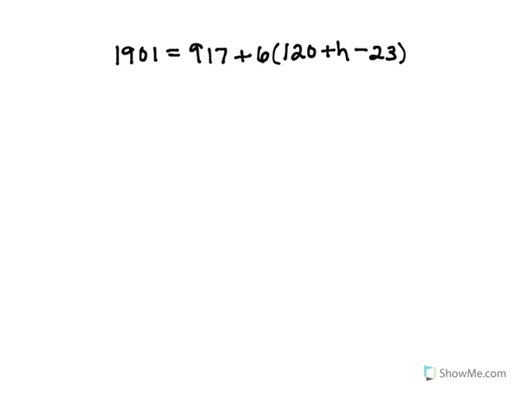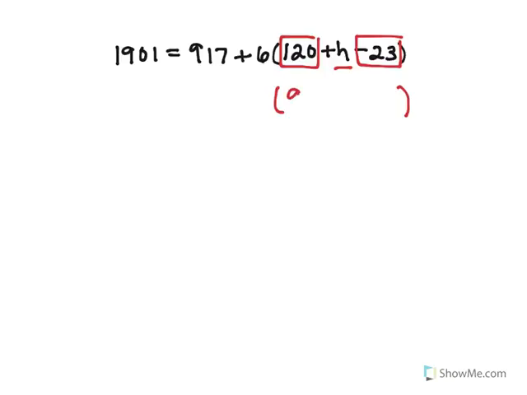Step number 3 is to solve for the unknown variable. Here's our unknown variable, so that means we need to get H alone. We do have parentheses. Within the parentheses, we have like terms that we can combine. So the first thing I'm going to do is do 120 minus 23, and I'm going to keep that in the parentheses.